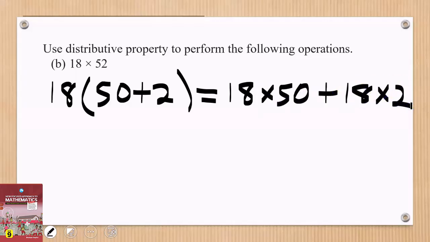And you know 18 times 50 is easy to do because you can only do 18 times 5 and attach 0. And 18 times 5 is very easy as well because you divide 18 by 2, you attach 0. And so that is going to give us 90, then you attach the original 0 to give us 900.